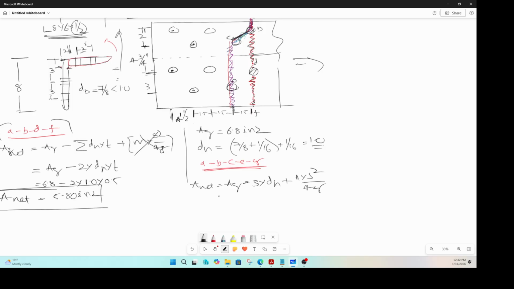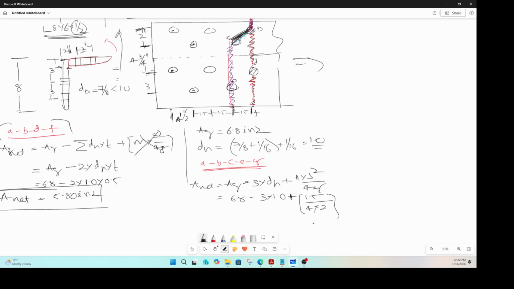So that is A gross, 6.8, minus 3 times 1.0 plus s squared by 4g. S is this spacing, 1.5, and g is the gauge distance for that path, which is 2.